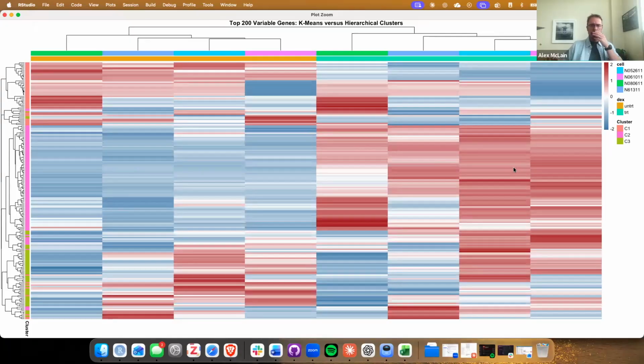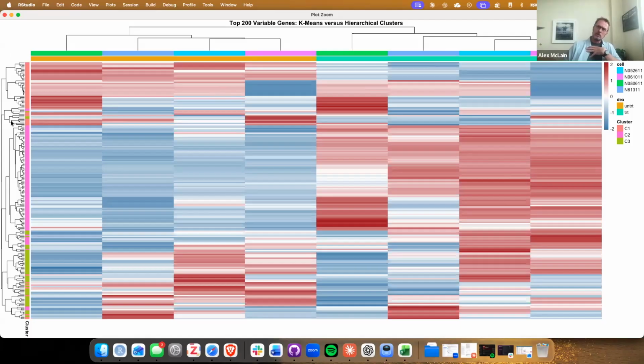All right, so here, again, we're looking at the top 200 most variable genes. On the top, we have the hierarchical clustering by sample. What are the colors down here? This second color bar is the treatment, treated or untreated. The top color bar is the cell type. We can see that pattern that we had before of how those separate.